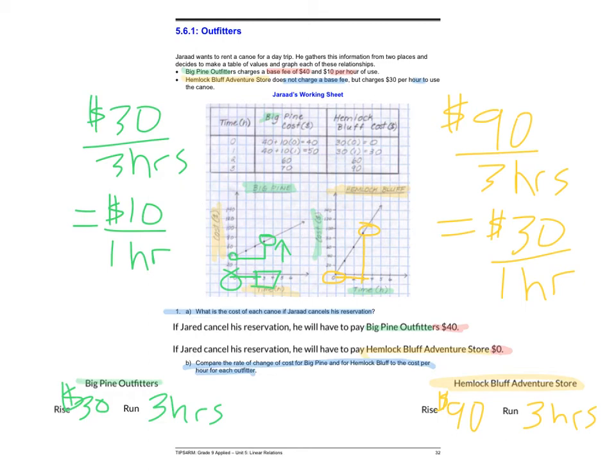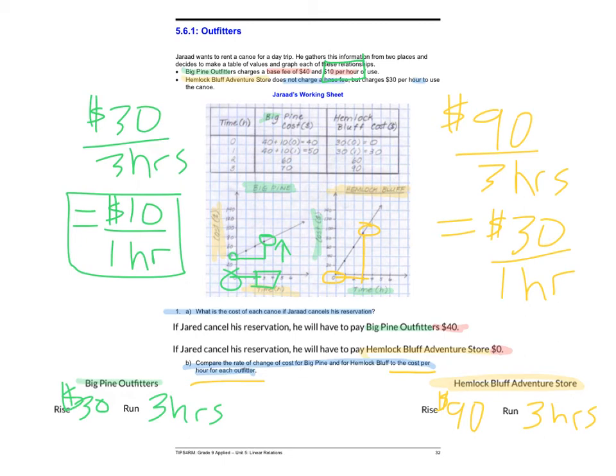And the question says, to do this, we need to compare the rate of change to the cost per hour. Well, if you notice, $10 an hour is given to us above in the description.